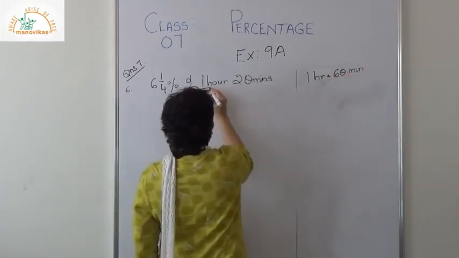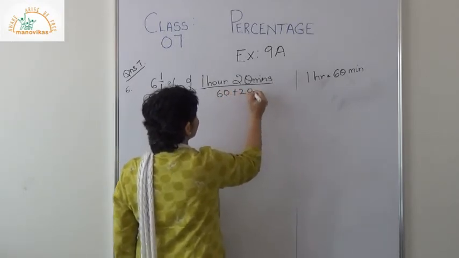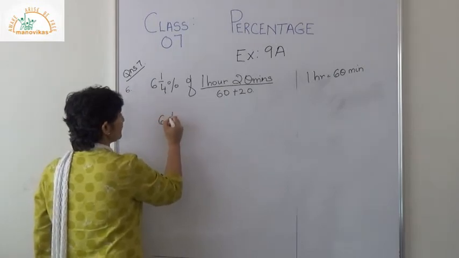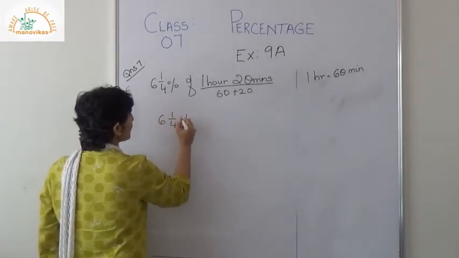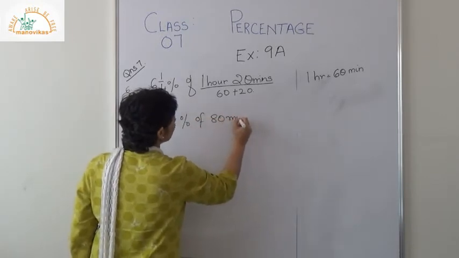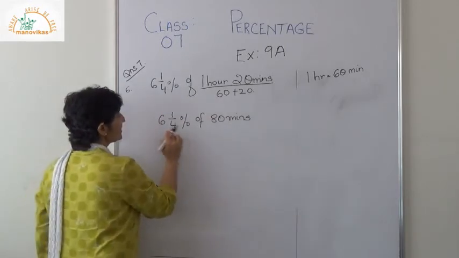So let me add both of these, children. 60 plus 20. So that gives me 80 minutes, isn't it? So let's rewrite your question first. 6 1/4% of 80 minutes. Understood?